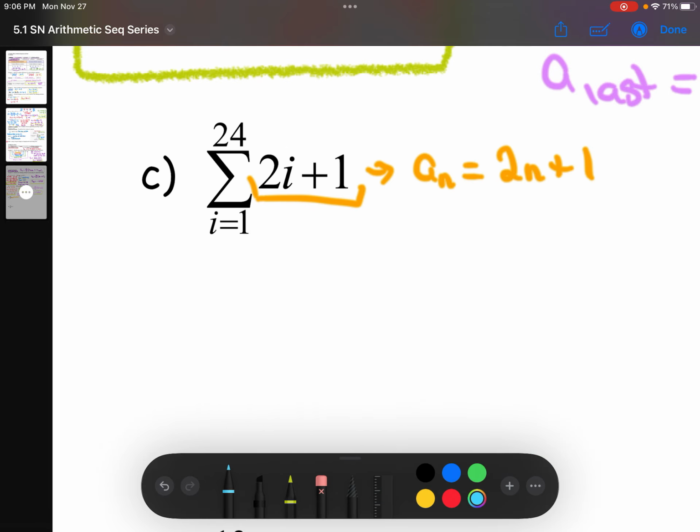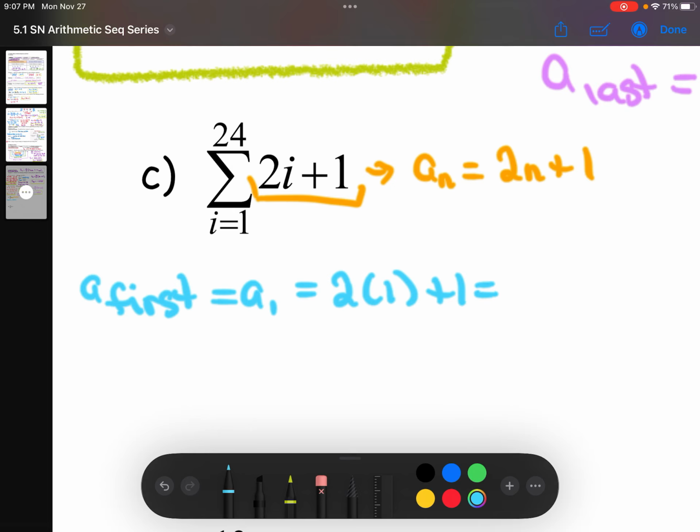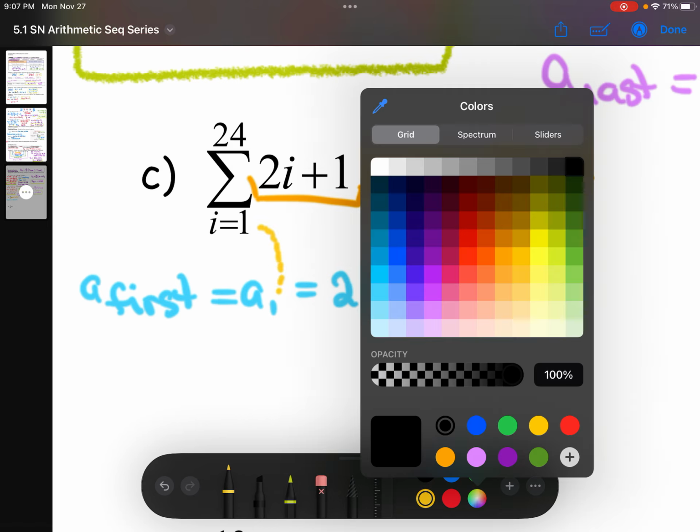Working on this, we're finding the sum of 1 through 24. A first is a sub 1. A sub 1 would be 2 times 1 plus 1, which is 3. This 1 gave us that 1.